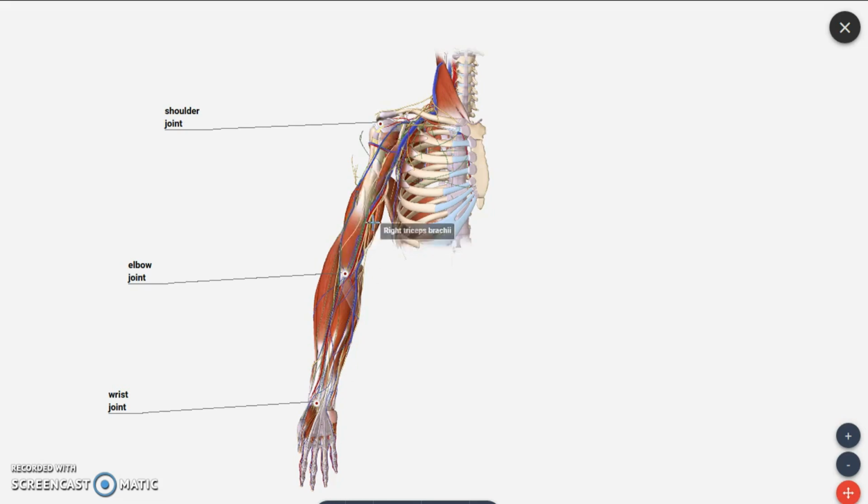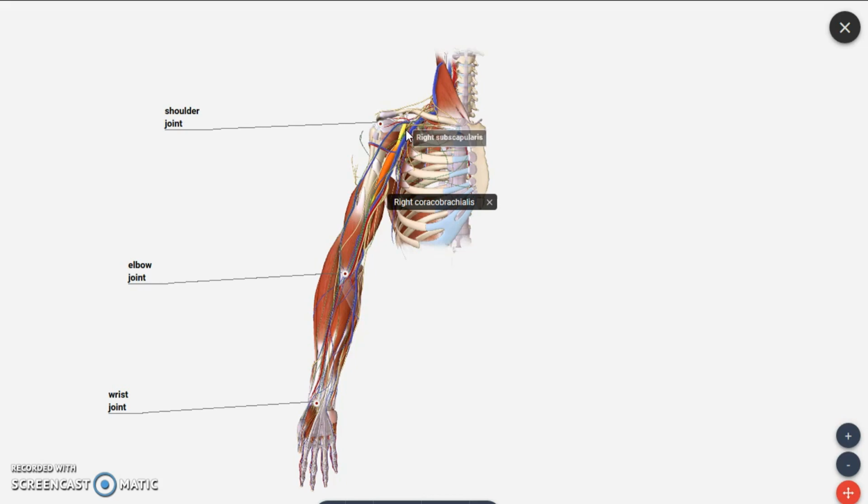Once you remove this biceps brachii, you can approach the other two muscles. One muscle present in the lower part we call brachialis, as it is seen in the brachium. And one more muscle seen in the upper part we call coracobrachialis. The name itself indicates it arises from the coracoid process of the scapula. We already dealt with two processes of the scapula, the spinous process and the acromion process.